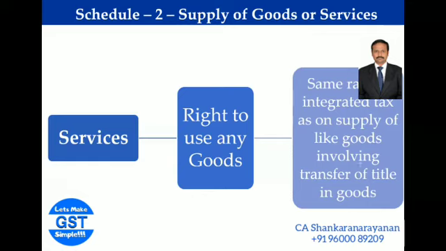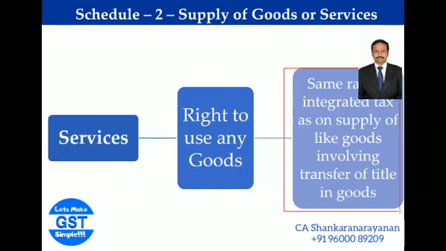I am giving you my car and I am saying you have the right to use. I am giving you the crane and I am telling you, you have the right to use. You do whatever you want, operator you employ, repairs and maintenance you take care, running cost you incur, everything you do. Then it is given with the right to use. So you should not treat it as renting and charge 18%.